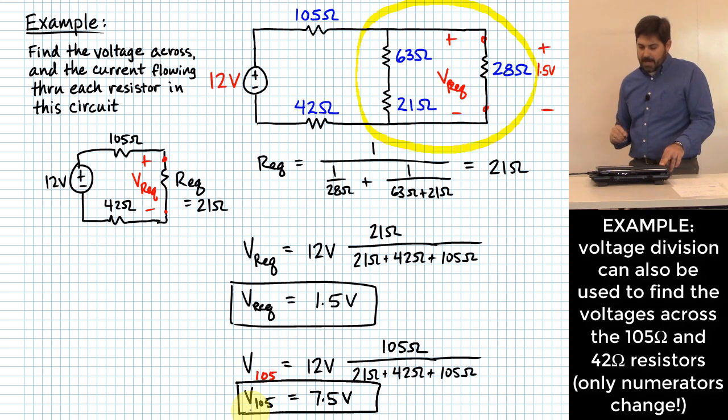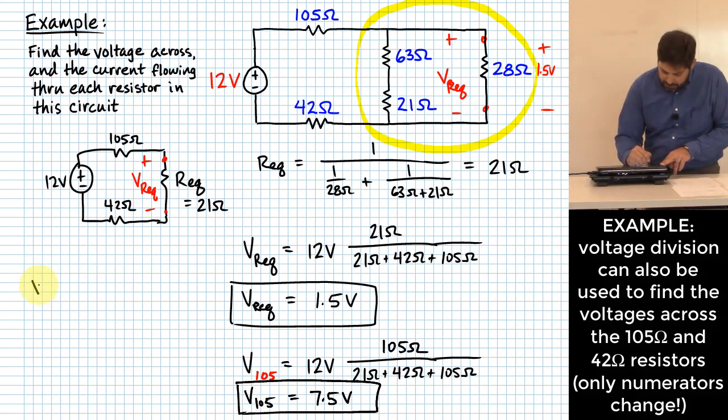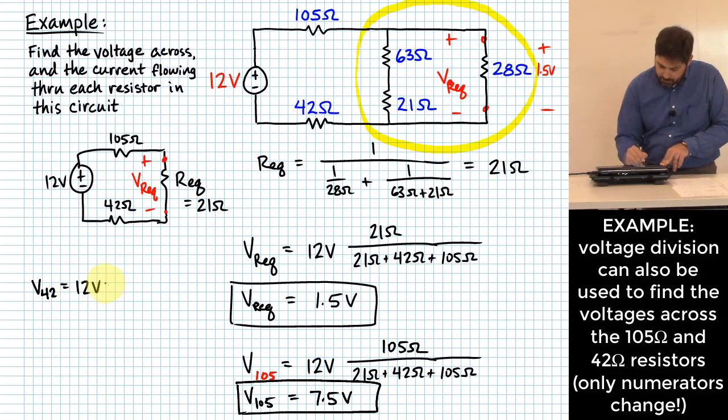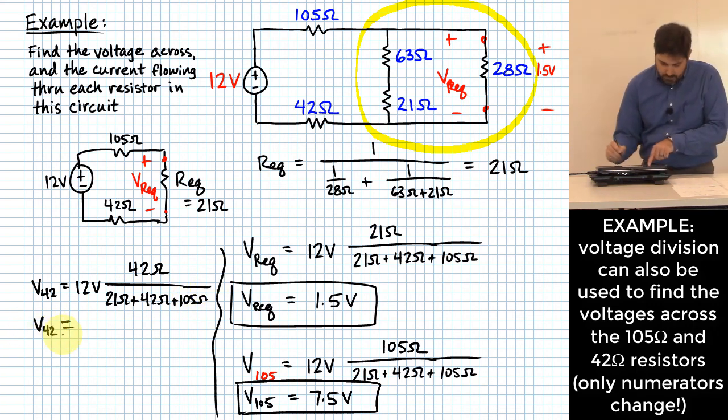All right, and while I'm at it, why don't I go ahead and get V across the 42 ohm resistor? What's that going to be? 12 volts. Again, we're just going to change the numerator to 42 ohms. In the denominator, we'll still have 21 ohms plus 42 ohms plus 105 ohms. And that ends up giving me 3 volts there.